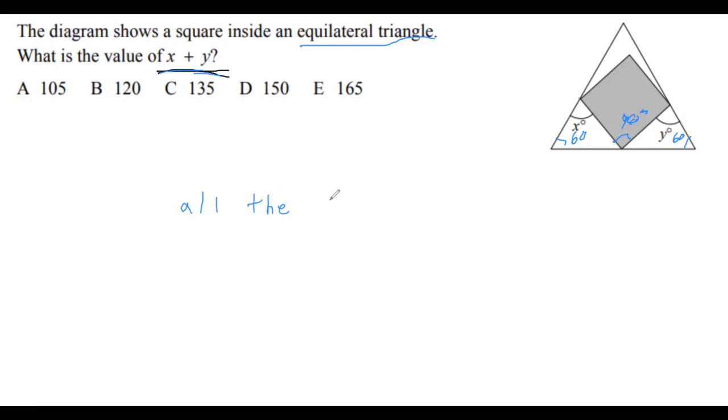Okay, so it was all of the angles in the triangle adding up to 180 degrees.